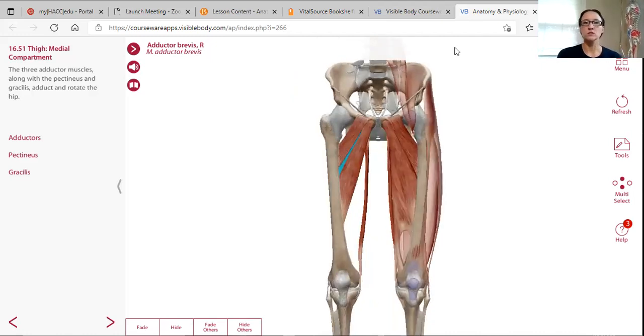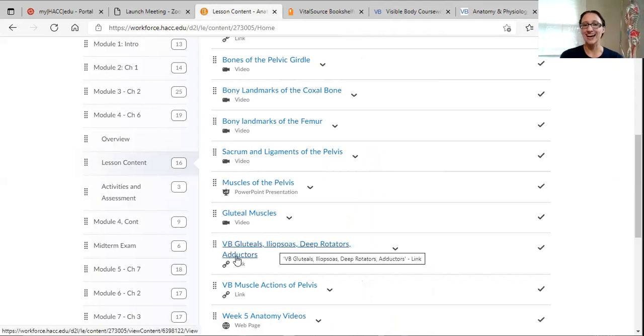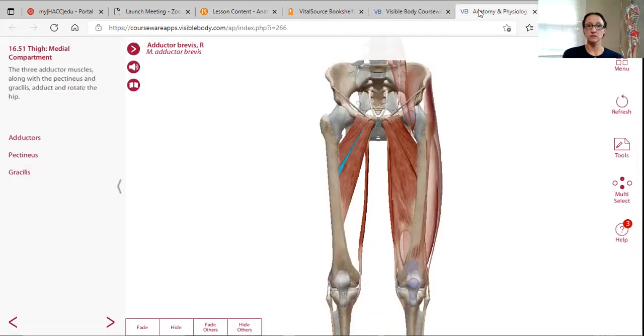Now, if you go into, let's stop share for a second. Actually, no. I'm going to go into lesson content. So if you go into your lesson content as you're following along, checking things off the checklist, we have visible body, gluteals, iliopsoas, deep rotators, and adductors. So this is what I clicked on to get to here. You click on that link and then you choose medial thigh compartment, and then you can follow along.